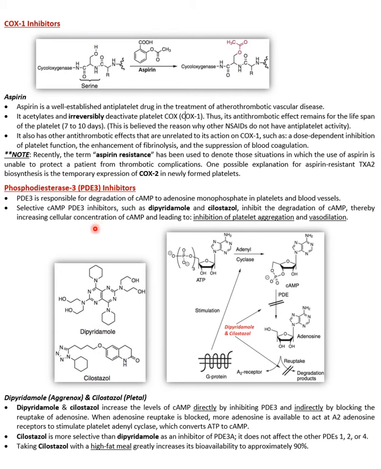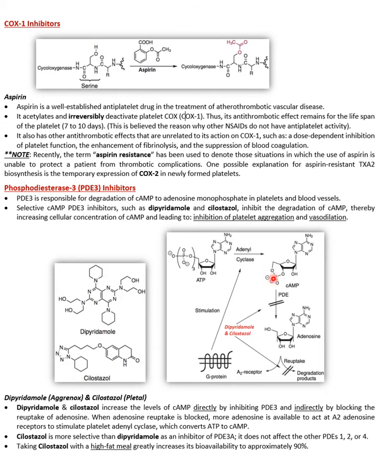The next class of antiplatelet agents is the phosphodiesterase 3 inhibitors, and this enzyme, as we mentioned earlier in the graph we started with, is responsible for the degradation of cyclic AMP. So there is the cyclic AMP, and then using this enzyme, the cyclic AMP is degraded.